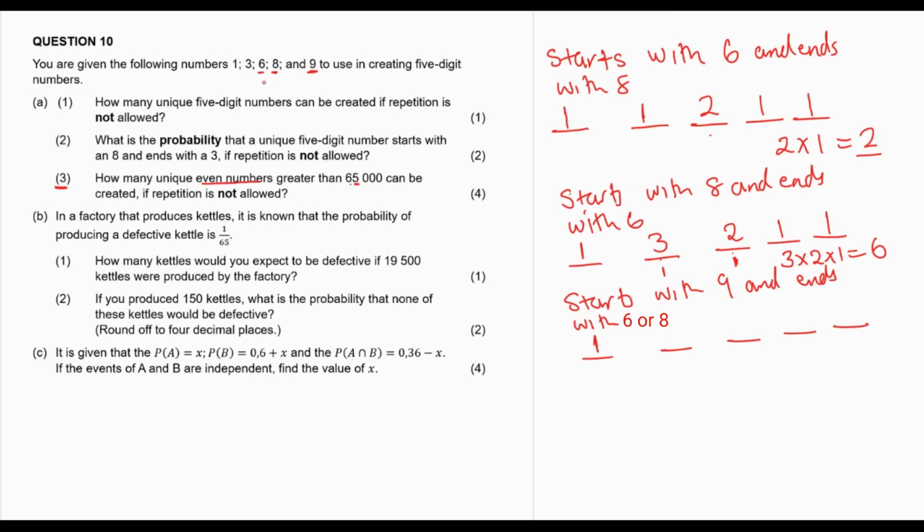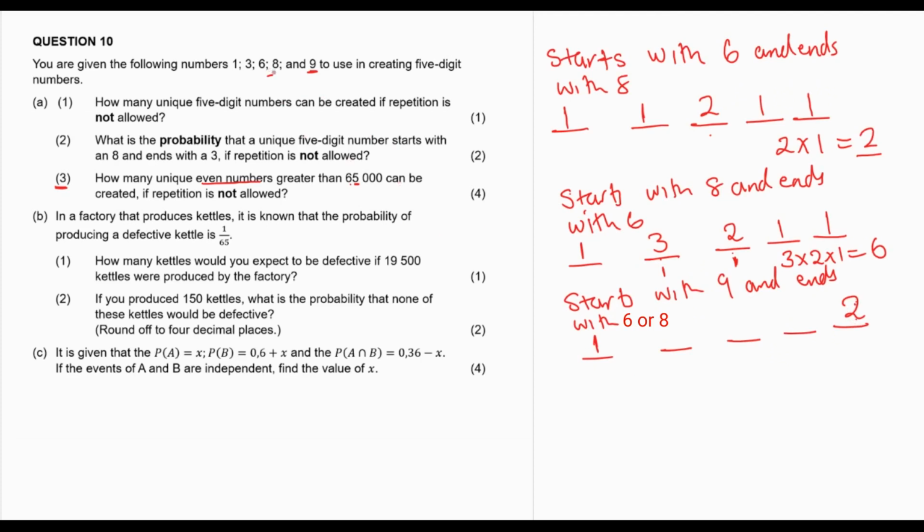Then we're saying it can end with a 6 or 8. So we have two choices for the last number. But be careful, a slot will only take one number. We have two choices, but it can be either a 6 or an 8, not both of them.